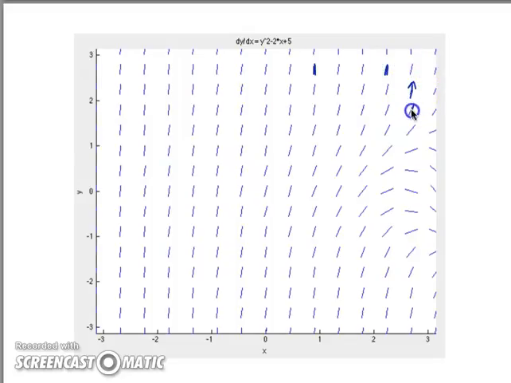Each of these lines, the position of each of these lines is representing values of the slope of a tangent line to a curve. I have not said to you what the curve is, but the point is that when you see this type of graphic, this is what we are going to call a slope field.